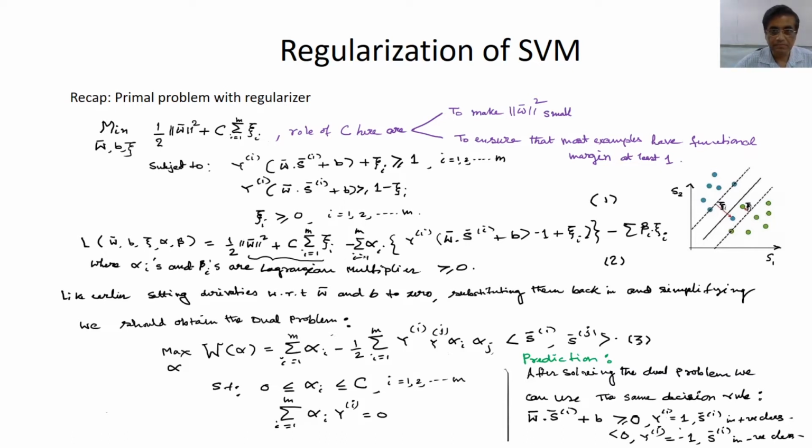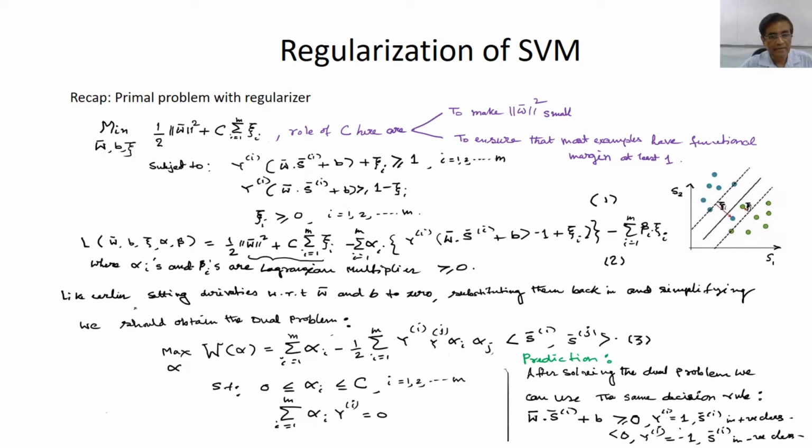Then we have added Lagrangian multiplier alpha I for this constraint, then minus another bunch of Lagrangian multipliers, beta I, with this constraint, that is zeta I greater than or equal to 0. Clear? And here is the figure.